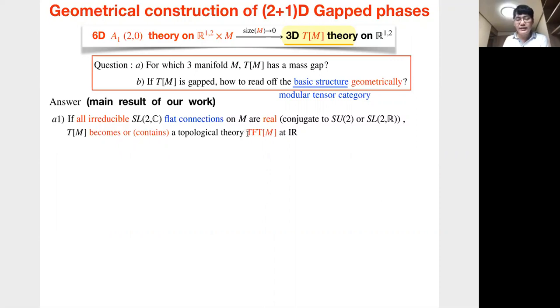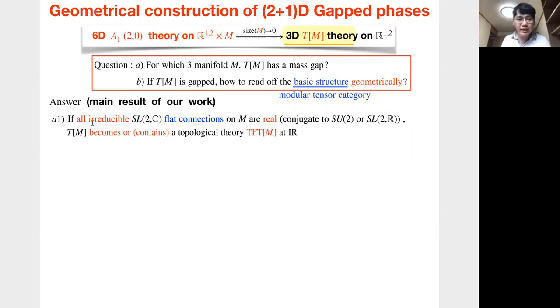This topological field theory will be denoted by TFT[M], the topological field theory associated to M at IR.